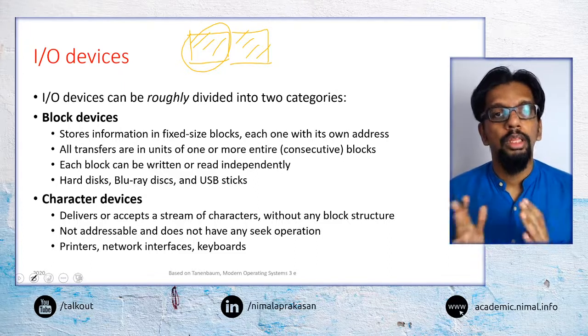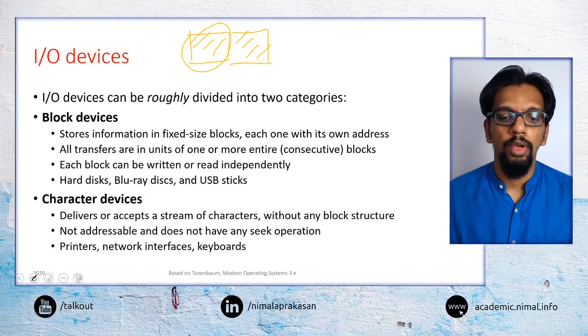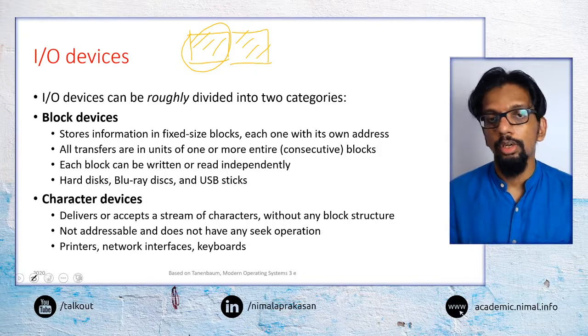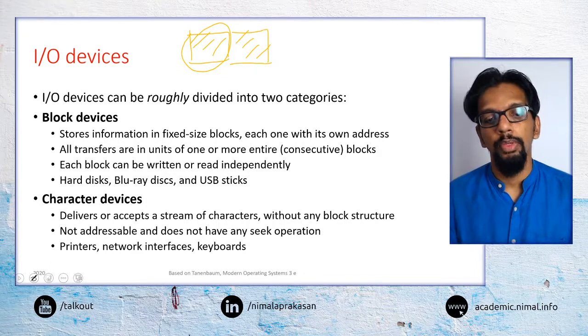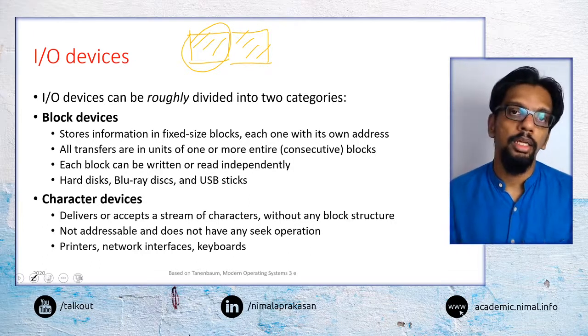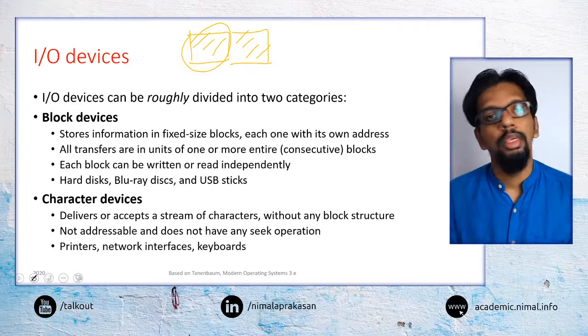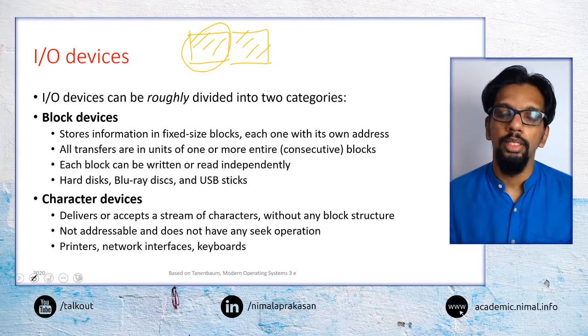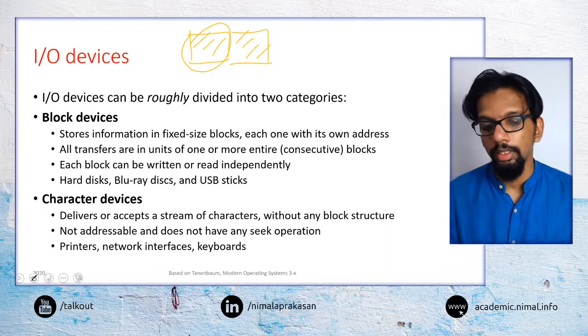So these two types of devices we may find in different combinations. So we may find block type devices mostly in storage devices, whereas we may find character type devices in keyboards, and communication type devices may fall into that category.